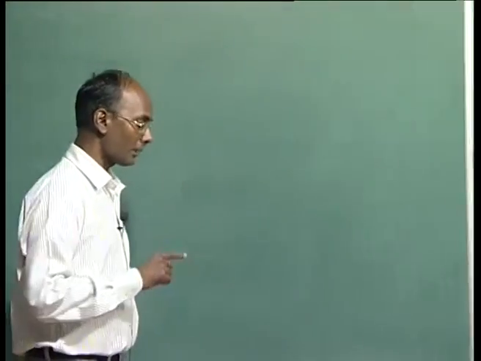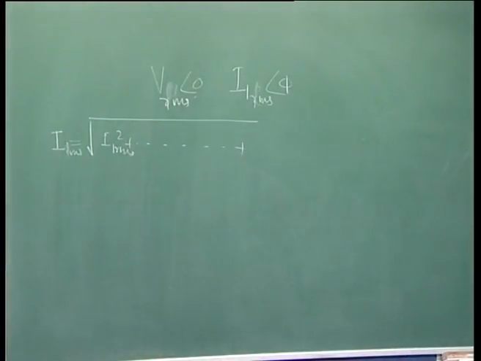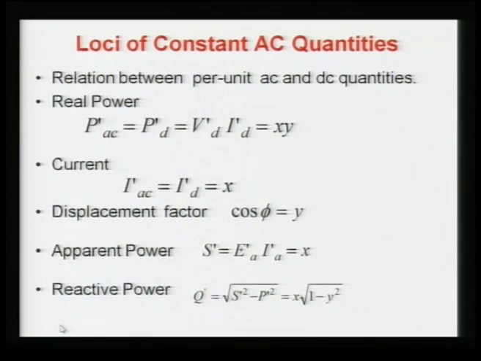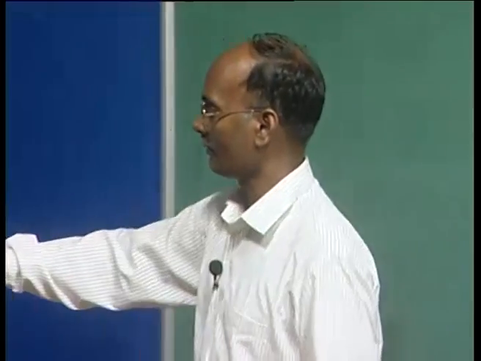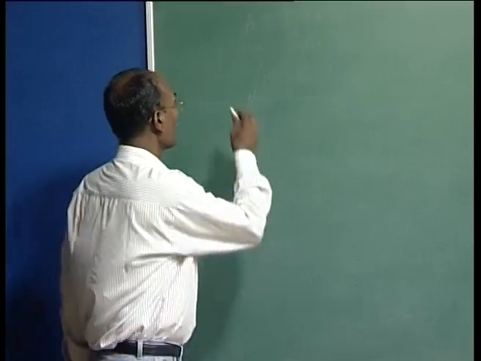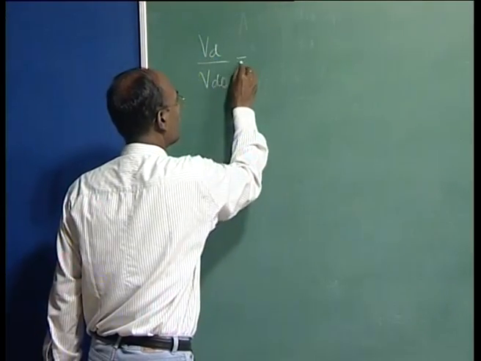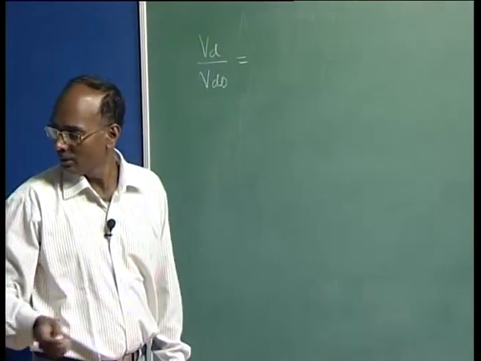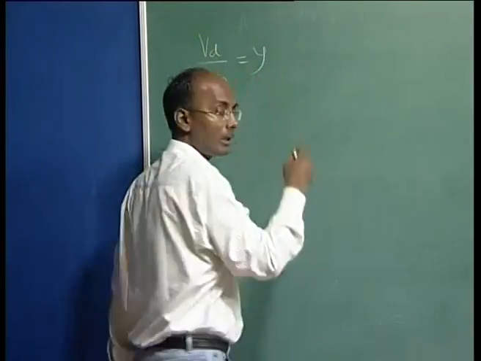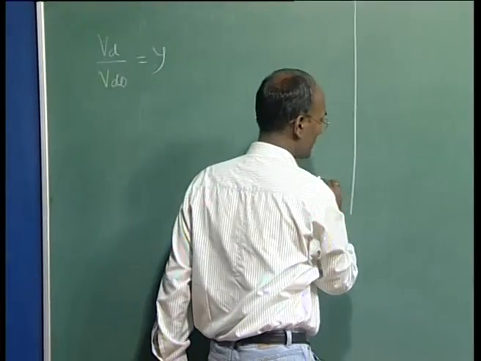So whatever we derive in our expression, I am coming to that equation here, we are going to draw the AC side quantities. If you see the displacement power factor here, that equation we derived in terms of cos phi is equal to y and other things. Here again, I just remind you, Vd upon Vdo we are taking as y, because we are drawing the per unit voltage on the y axis.